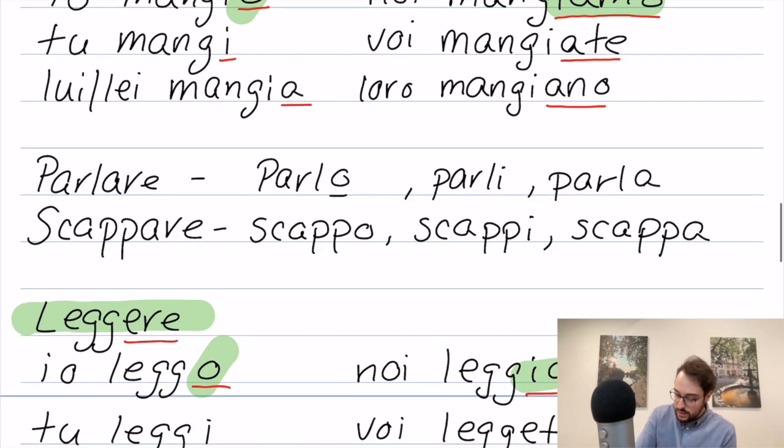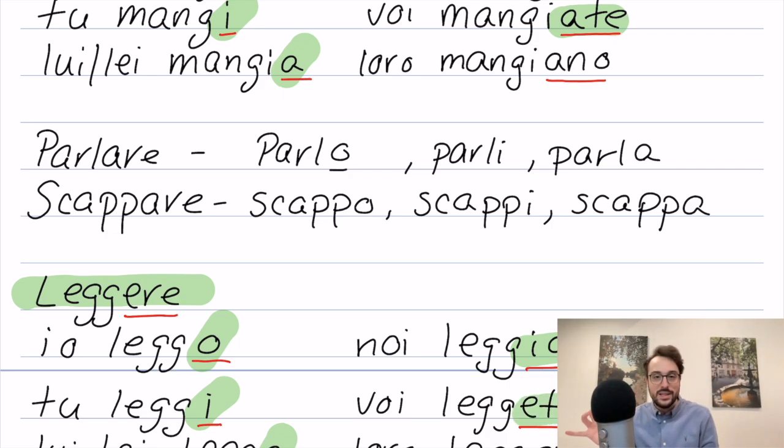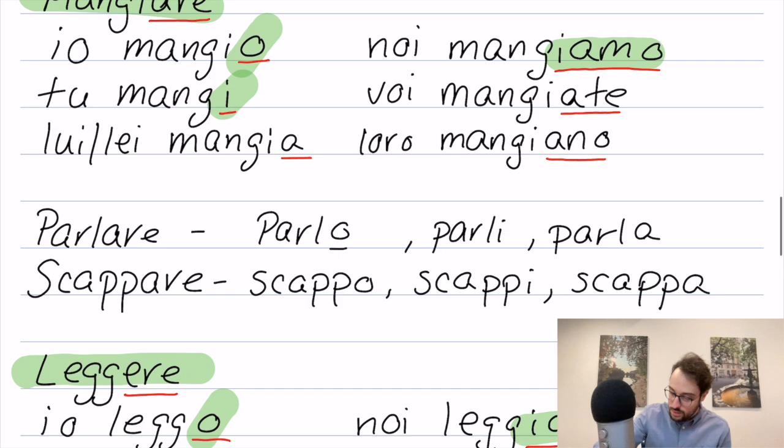Tu ends in I for both of these. But lui, lei ends in a for are verbs, but e for ere verbs. Just like voi mangiate, voi leggete. So instead of being ate, it's ete for an ere verb. There's a lot of stuff that just makes sense when you compare and contrast.